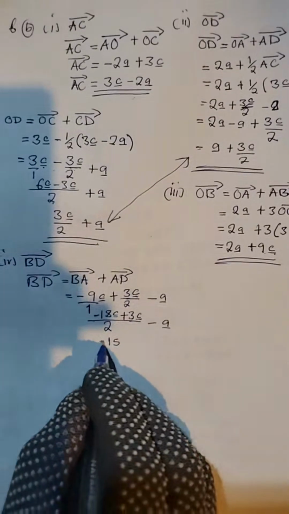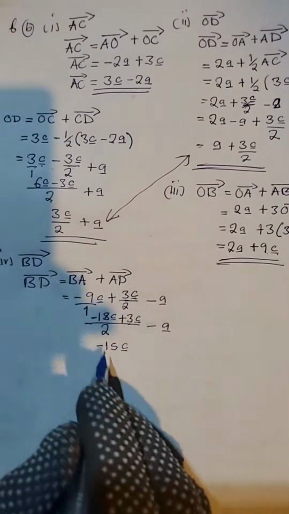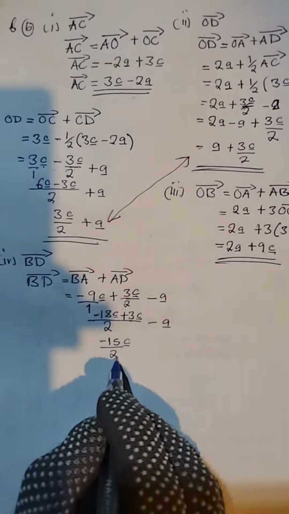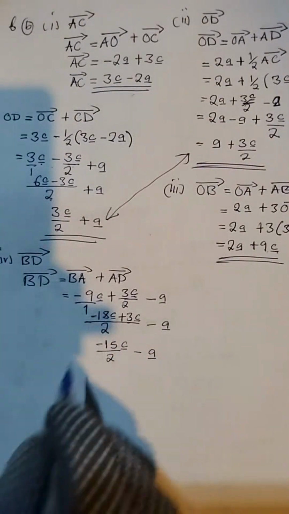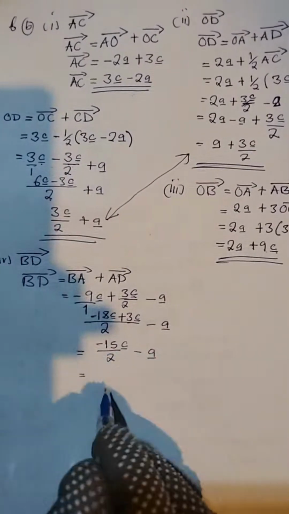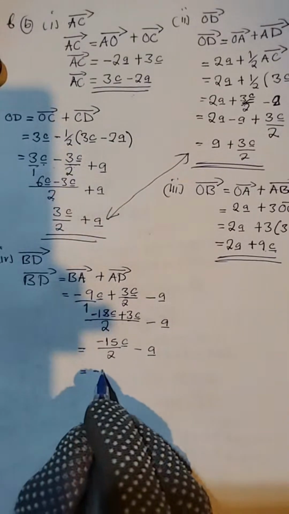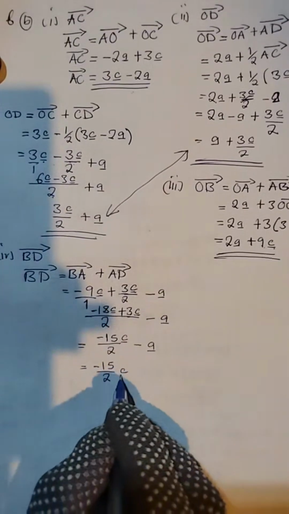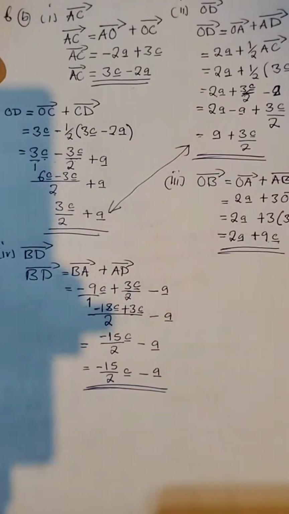Then the sign for the bigger number is negative, so it becomes negative 15C, vector C, over 2 minus A. Since both vectors are negative, we can just leave it the way it is. So negative 15 over 2 vector C minus vector A is the final answer.